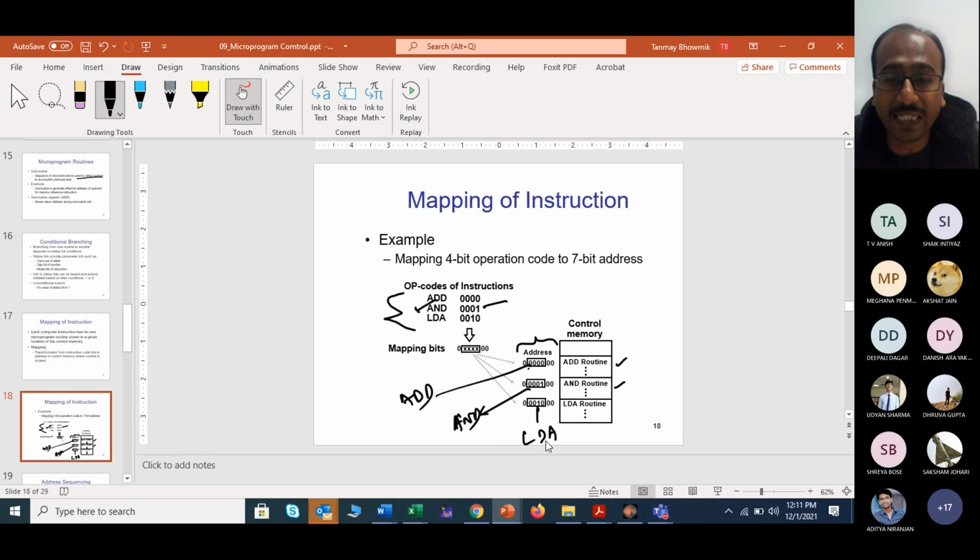Then the next one is LDA, 0010, so it is mapped to the LDA routine. So depending on the values of the opcode bits in the address, your instructions will be mapped to the respective routines in your control memory.